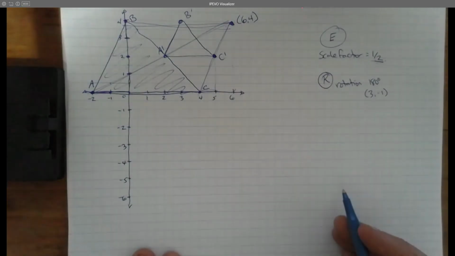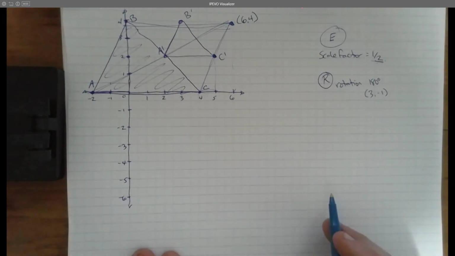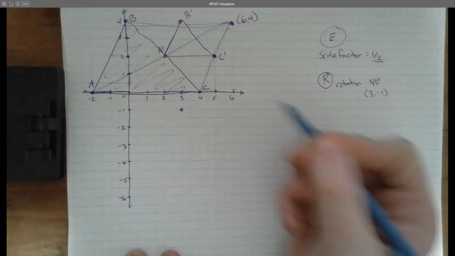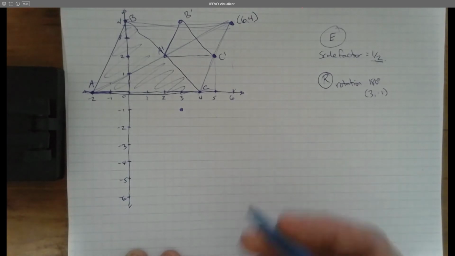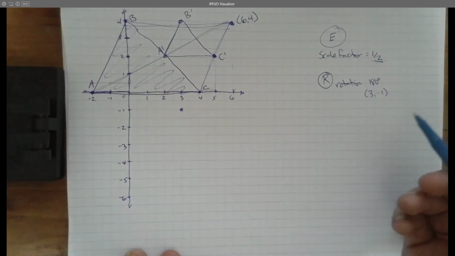Okay, so now that we have that, (3, -1) is right here. That's the point that we are going to be now finding the rotated image of.